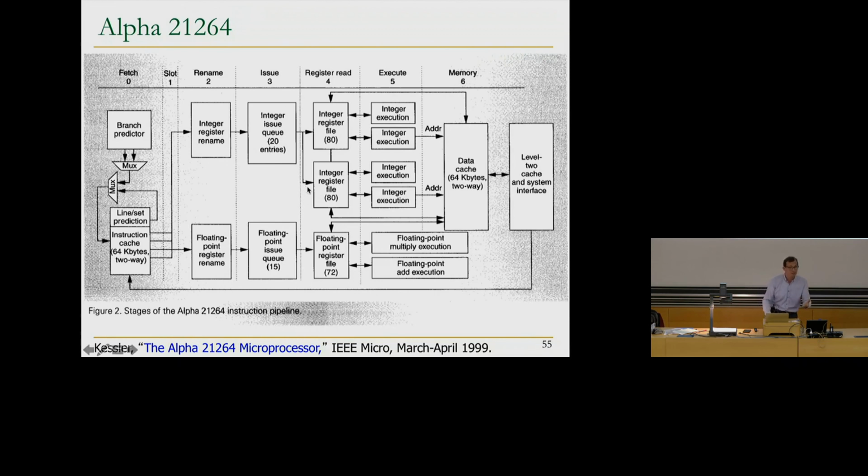In order to do that, assuming that you want to execute 4 instructions in a cycle, each of them reading 2 registers, you need to have 8 ports to the register file. They said this is too complex for us to design within the cycle time constraints, so we're going to design a 4-ported register file and duplicate it, and ensure that they remain consistent. That's why you have these 2 integer register files over here, so they can execute 4 integer operations. And that's the pipeline that they had. It's a relatively shallow pipeline.